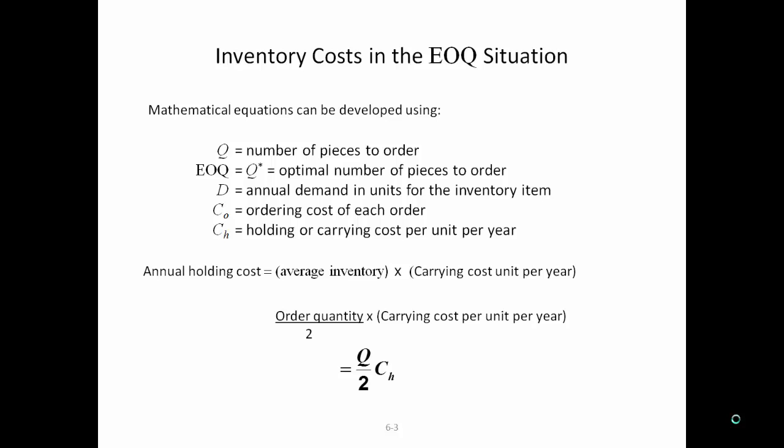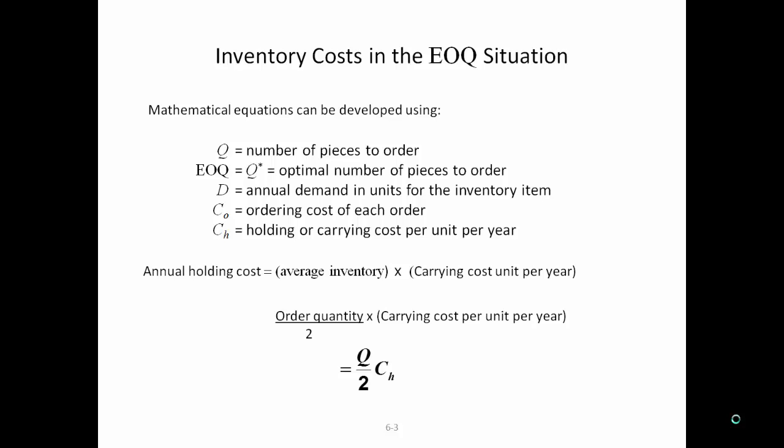Here again we have the same situation, and we want to know what the annual holding cost is. So what is the holding cost? That's the cost to hold the inventory, to keep the inventory on hand. We take the average inventory that we identified in the previous slide as Q divided by 2, and then we multiply that times what it costs for us to carry the units.